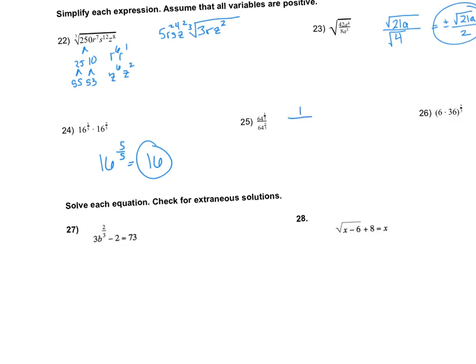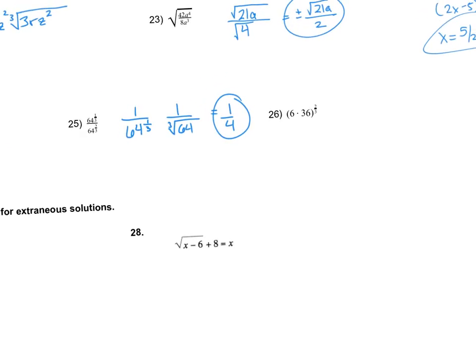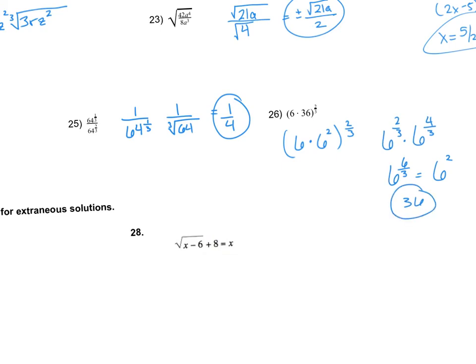This is 1 over 64 to 1/3, so 1 over the third root of 64, which is 1/4. 6 times 6 squared to the 2/3, so that's 6 to the 2/3 times 6 to the 4/3, which is 6 to the 6/3, which is 6 squared, which is 36.